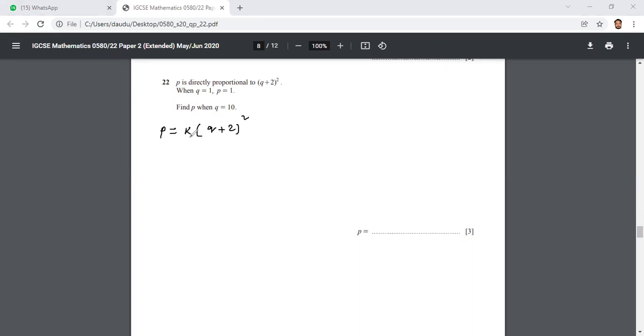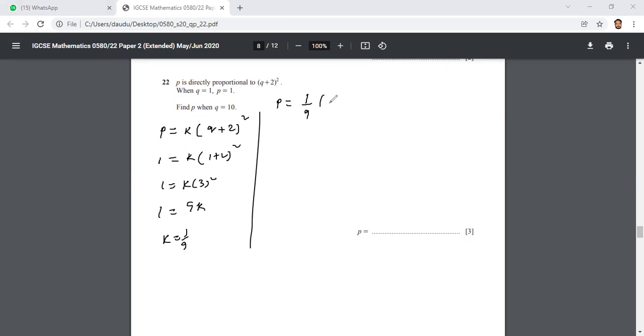We can find the value of k at q equals 1 and p equals 1: (1 plus 2) whole squared, so 3 squared, gives me 9k, or k is equal to 1 over 9. So our required equation is p equals 1 over 9 times (q plus 2) whole squared.